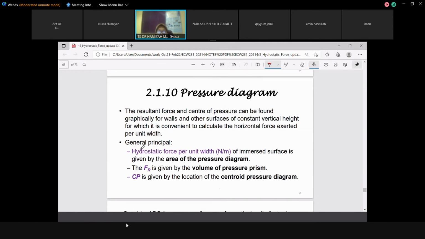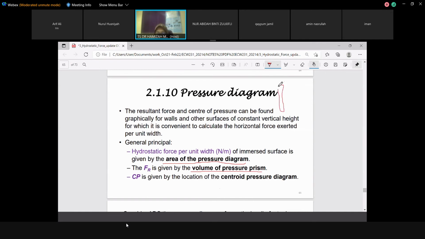Okay, so it is calculated by the area of the pressure diagram, and the resultant force can be calculated using the volume of the prism. Okay, you will learn awal-awal dulu masa tajuk pressure, saya dah tunjuk how you draw the pressure diagram.